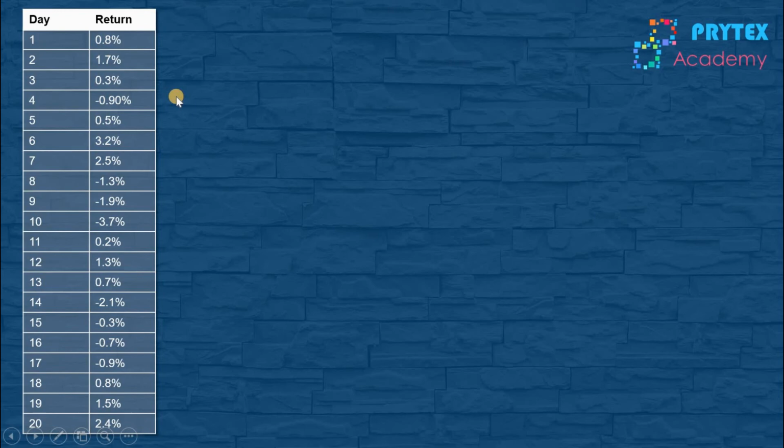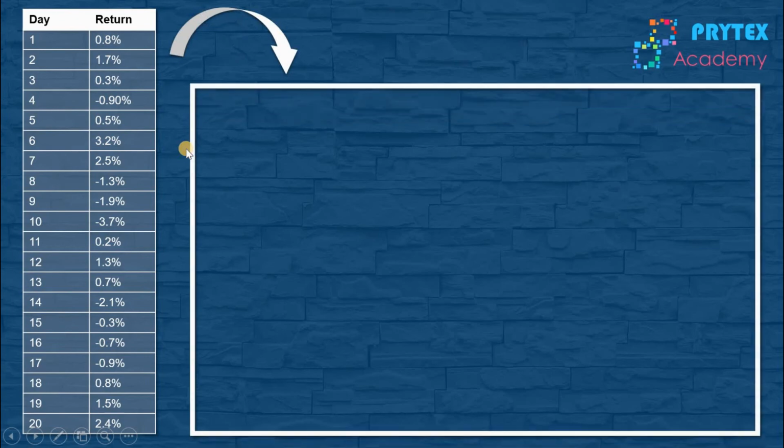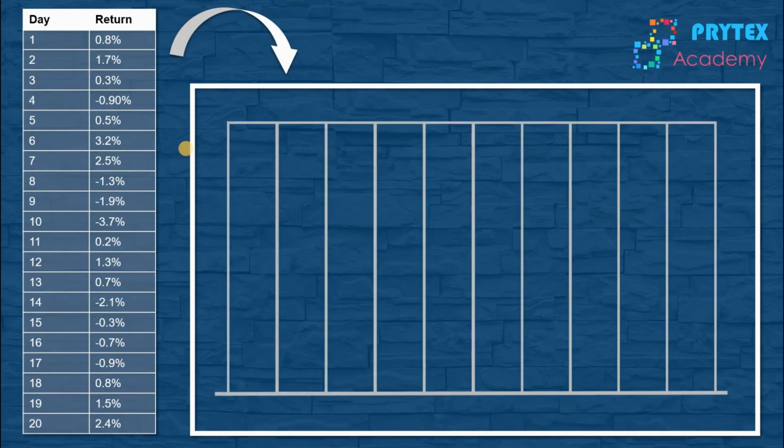To understand the distribution of the return data of our stock, we first need to understand what a bin is. A bin or bucket is formed by dividing the entire possible range of data in a series of regular intervals. We have taken the returns from -5% to +5% range and divided the entire range in 10 bins.